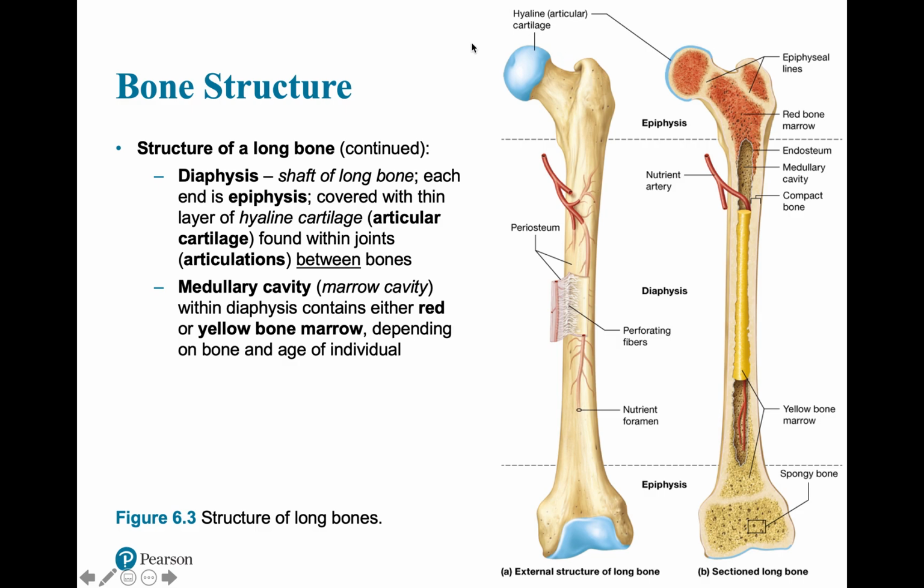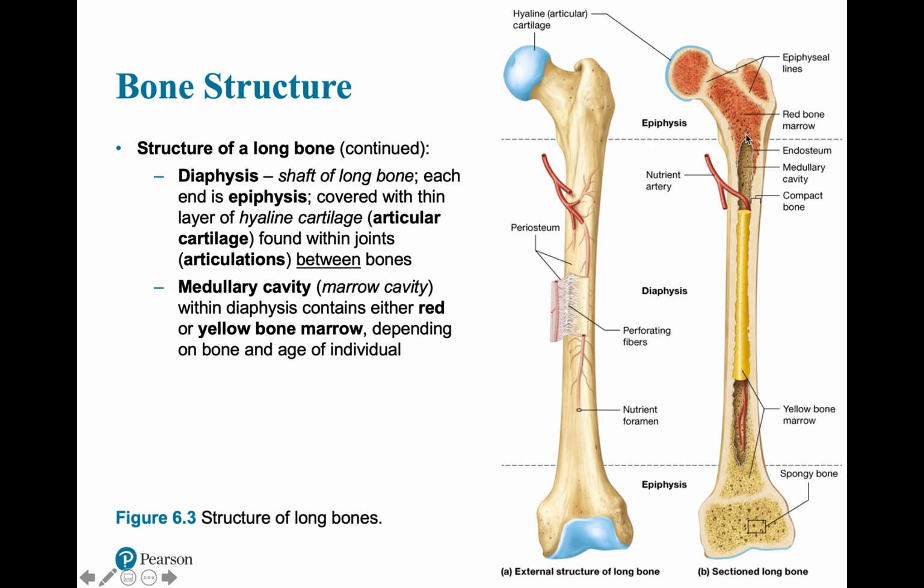Okay, and so this would be the proximal epiphysis, whereas down here, this epiphysis would help form the knee joint. So this is the distal epiphysis, all right? So again, epiphyses are enlarged ends of a long bone that participate in the formation of a joint.